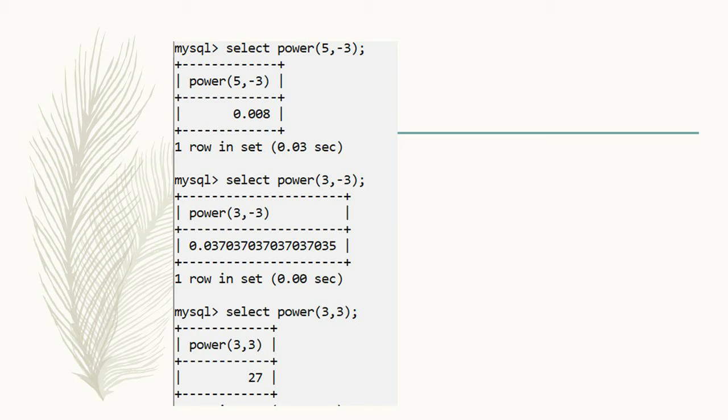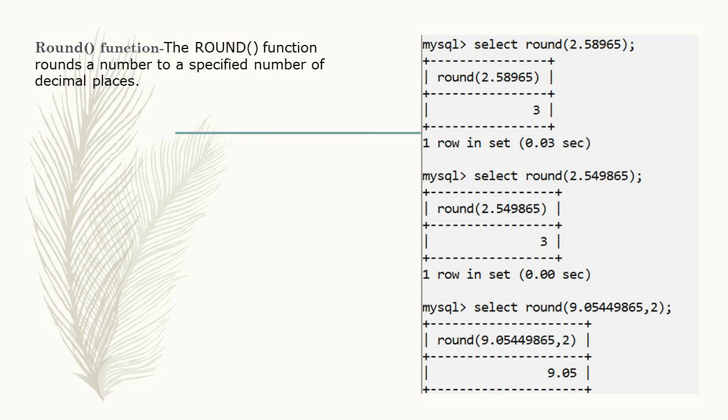The next numeric function is the mod function, which will give you the remainder for a division. If I say 10 mod 3, that means divide 10 by 3: 3 3s are 9, so 10 minus 9 is 1, so your mod value will be 1.